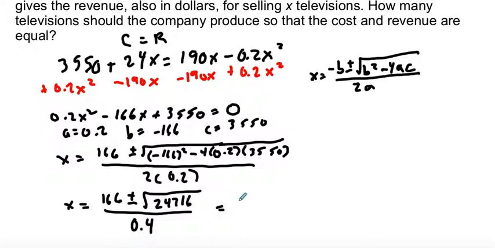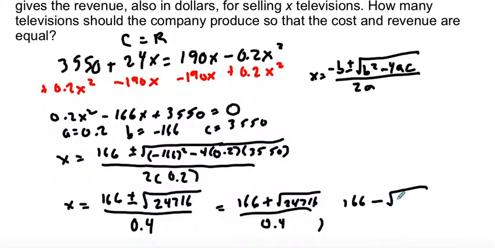So I'm going to go ahead and do this. I've got 166 plus the square root of 24,716, and I'm going to divide this by 0.4. And then I'm going to take 166 minus the square root of 24,716 and divide that by 0.4 and see what my two solutions are.